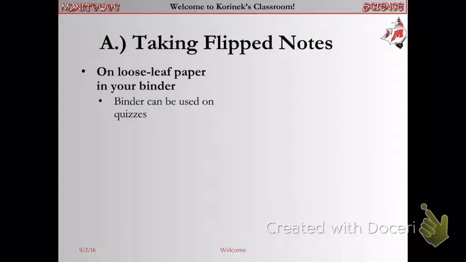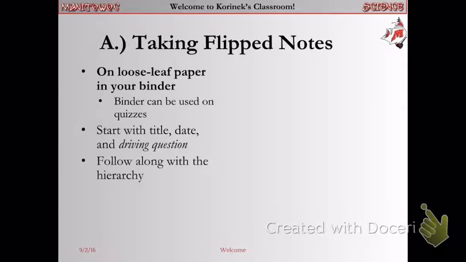I'm going to allow you to use the binder on quizzes, so it's a nice resource. You want to start with the title and the date, like we did on the previous page, and what we're going to call the driving question. And I will illuminate the driving question in all of the future videos, so you'll see those a lot more detailed.